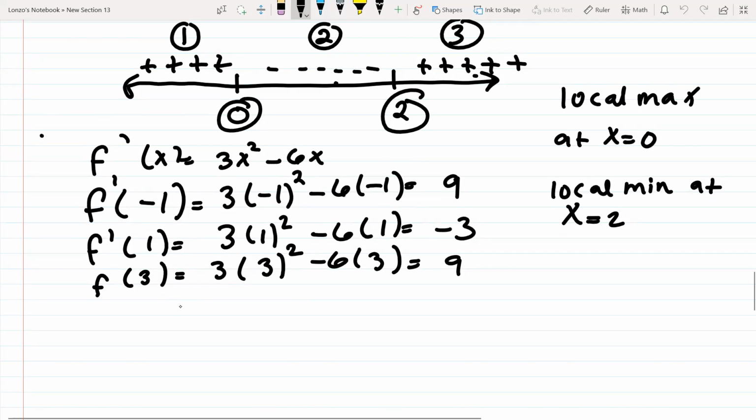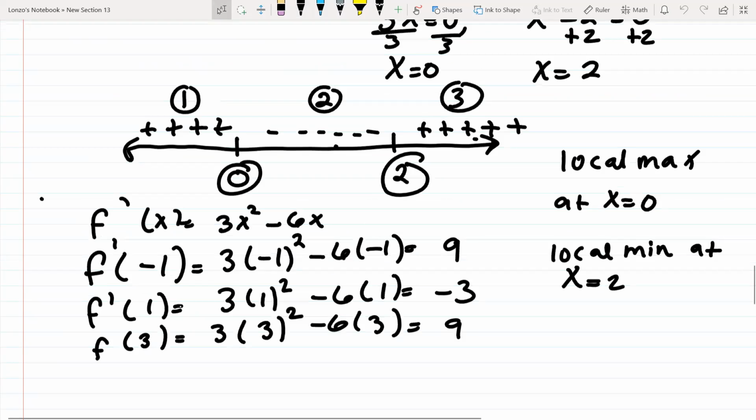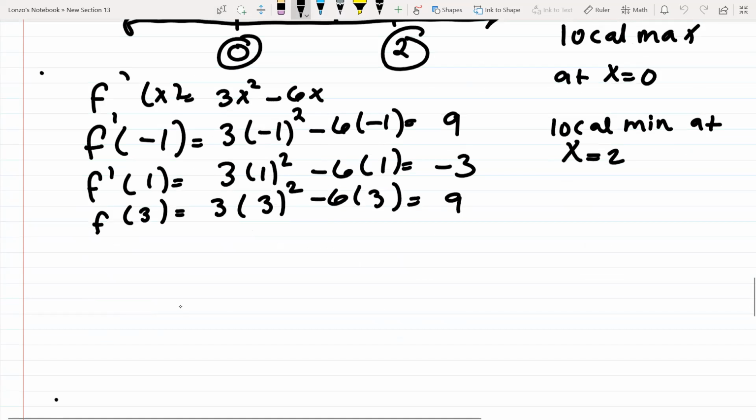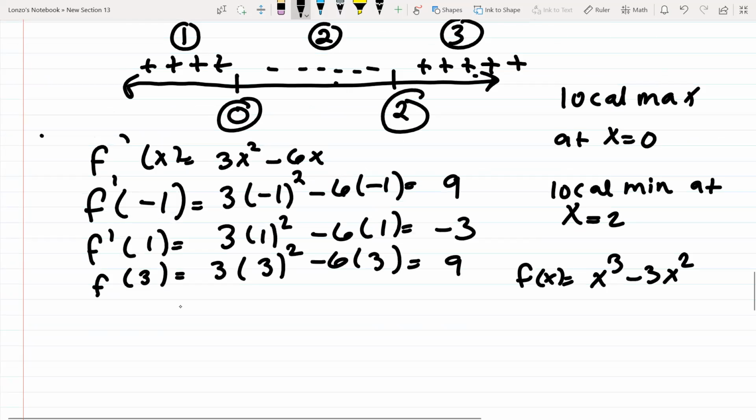So to find the y value, you don't put it in the first derivative, you actually put it in the original one. So let's do that. If our original function is f of x equals x cubed minus 3x squared, let's find our y value for the local max. You plug in 0 to the function.